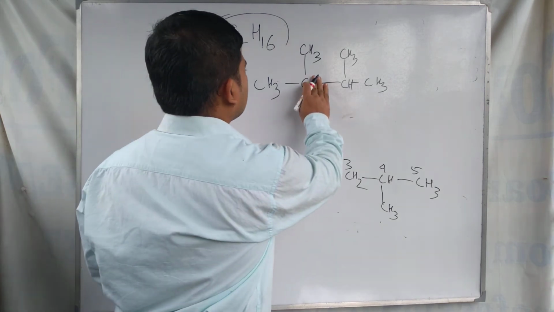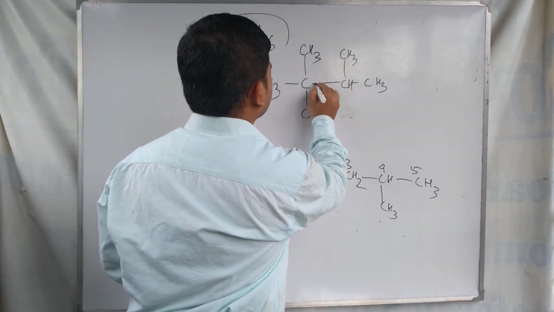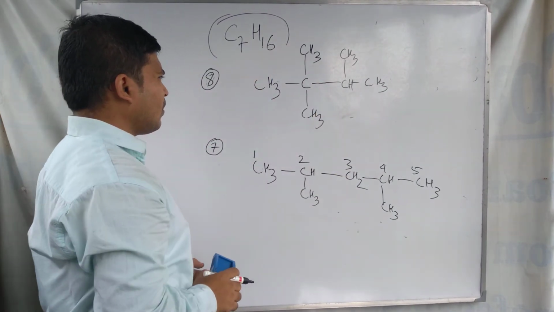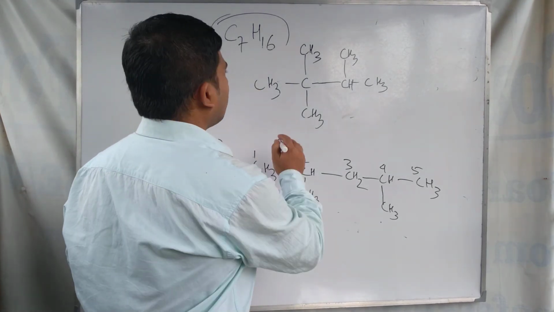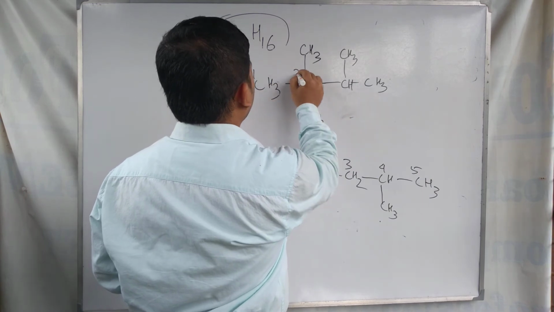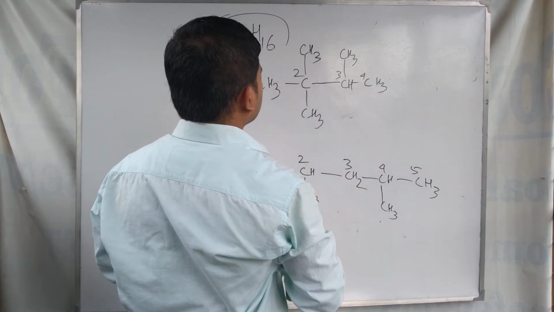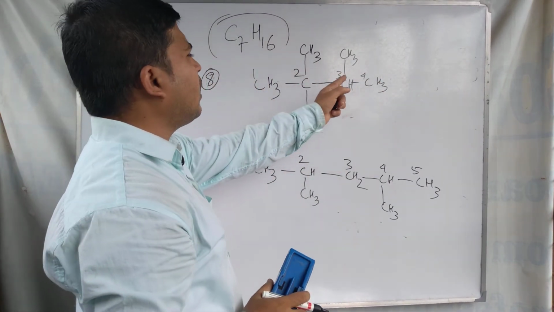So this one is example of another isomer, and name of this isomer is like 1 2 3 4. So 2 2 dimethyl 3 methyl butane.